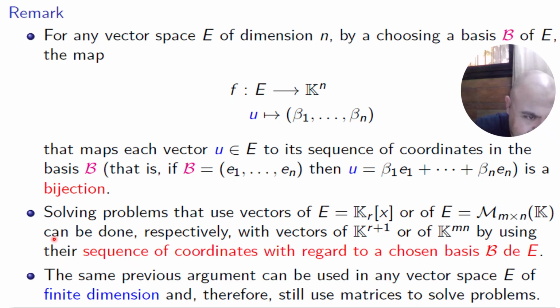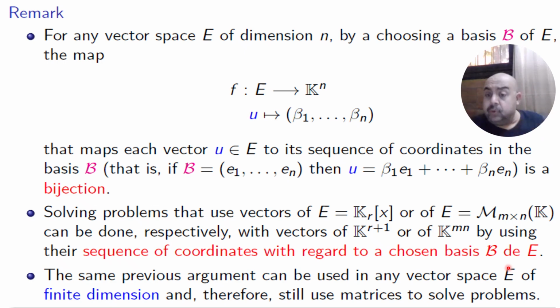So we can do this with vectors of k to the power of r plus 1, for polynomials, and we will take an example. And for matrices, as we stated previously, the dimension will be m times n. By using their sequence of coordinates with regard to the chosen basis, we can generate either matrices or polynomials.